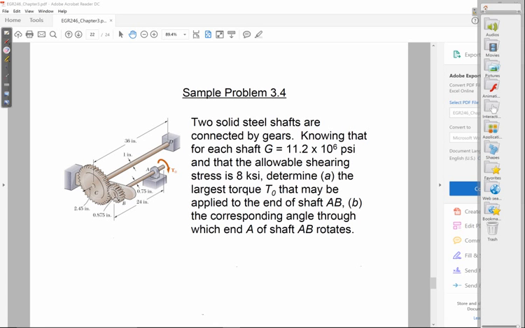This is the same, both shafts are made out of the same material in this case. So that allowable shear stress applies to both shaft AB and shaft CD, okay? So let's go ahead and note that down.